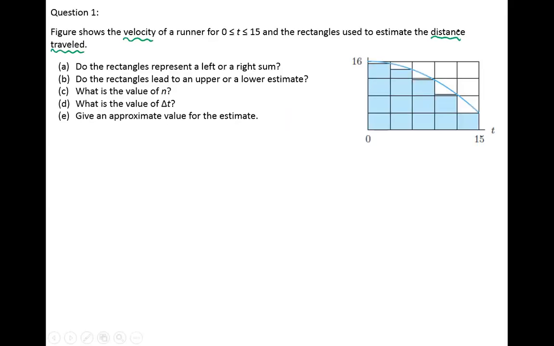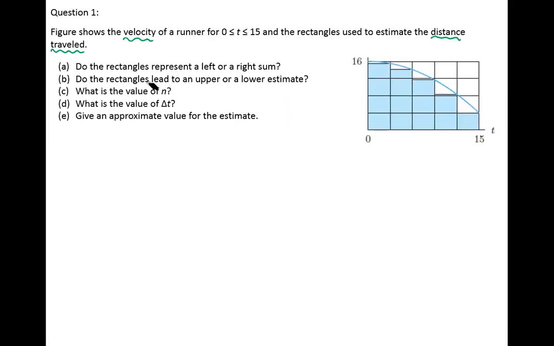Because we remember, having a distance and taking the derivative, we will get the velocity. But now it's the other way. Having a velocity function, that's the blue curve, and then estimating the area under the curve, below the x-axis, will give me distance. Okay, that means let's answer all of these questions.